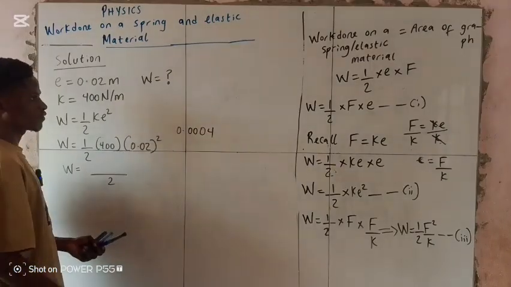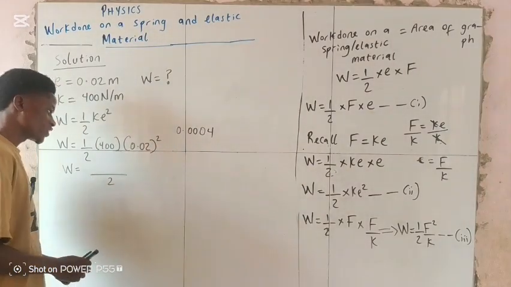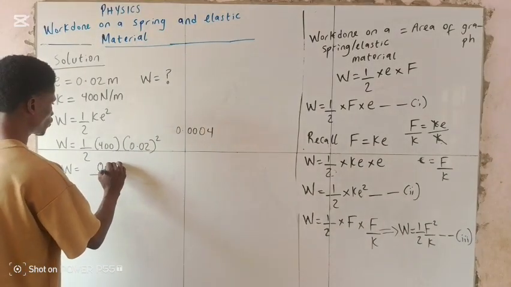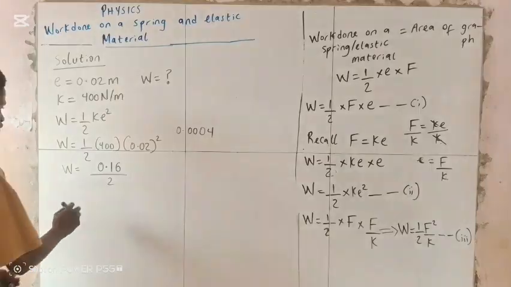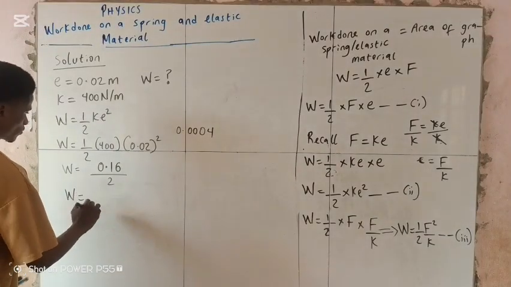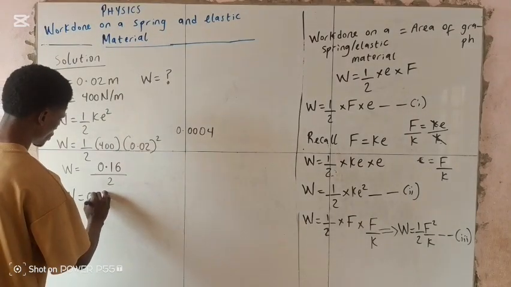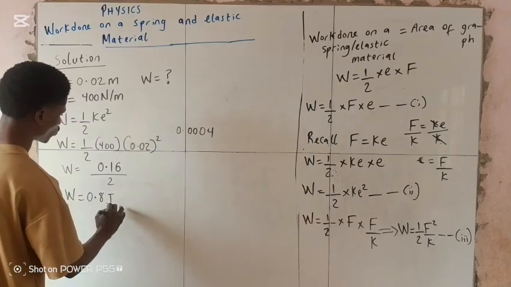Times 400, what do we have? 0.16. So finally, the work done there is 0.08 joules.